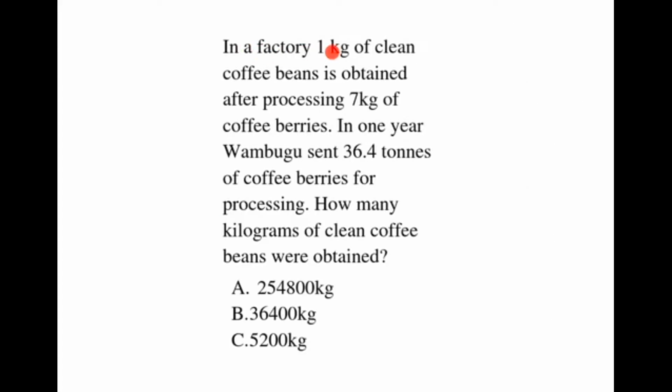In a factory, 1 kilogram of clean coffee beans is obtained after processing 7 kilograms of coffee berries. In 1 year, Wabugu sent 36.4 tons of coffee berries for processing. How many kilograms of clean coffee beans were obtained? Solution.